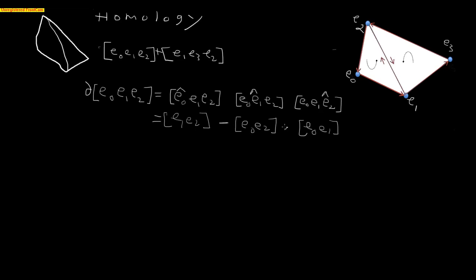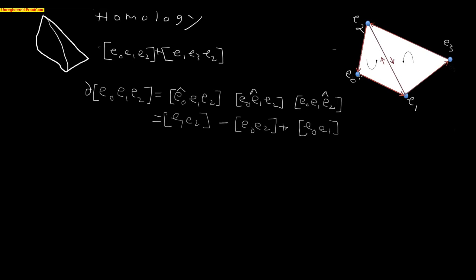And here we have a plus sign, right? So essentially, if we follow this rule, drop the first, the second, the third, put a minus sign here, put a plus sign there, algebraically what we get are these three segments, and the interpretation is, of course, this triangle.